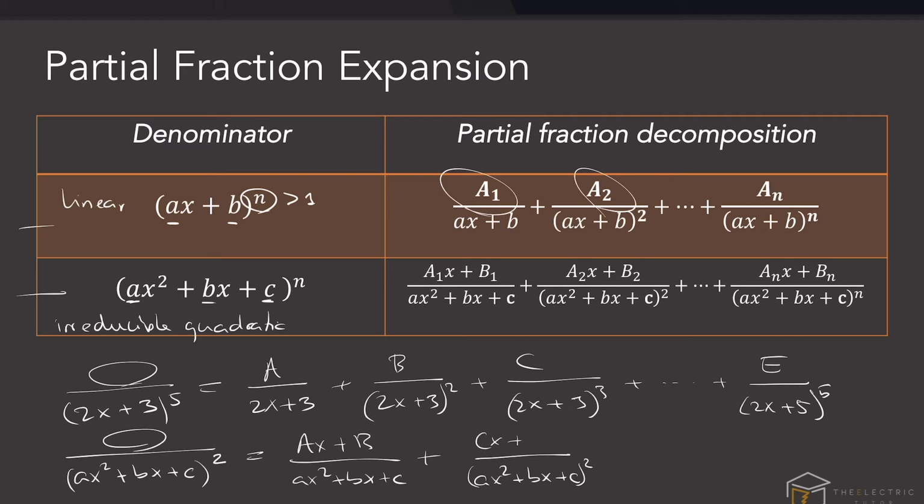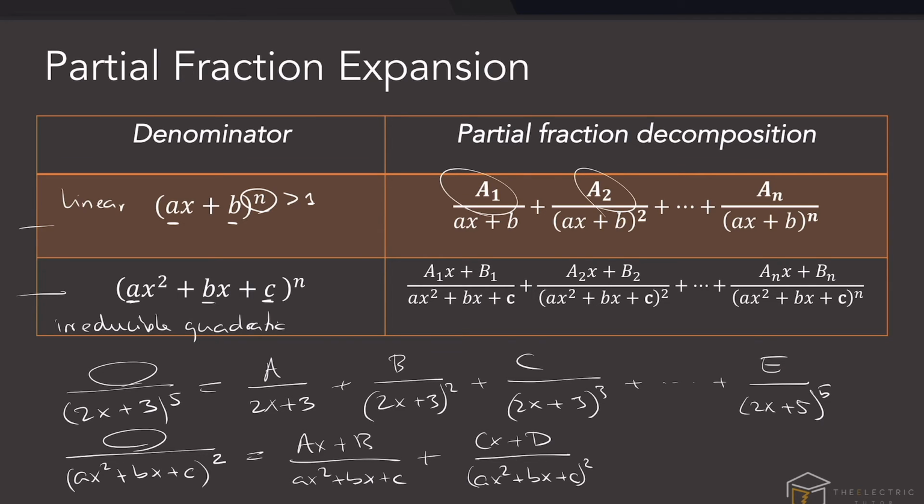So for the other one, it would be cx plus d, or whichever notation system you choose to use. The important thing is to be able to differentiate a linear term from an irreducible quadratic, so you know which numerator has to be used. That's very important. And then the next step would obviously be to find out what a, b, c, and d are.